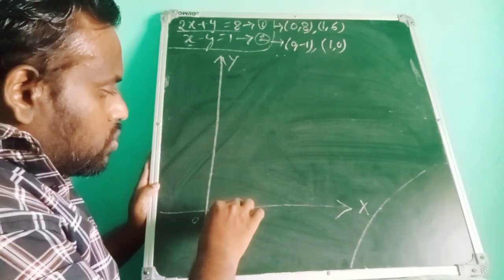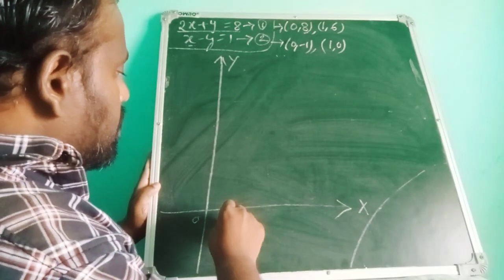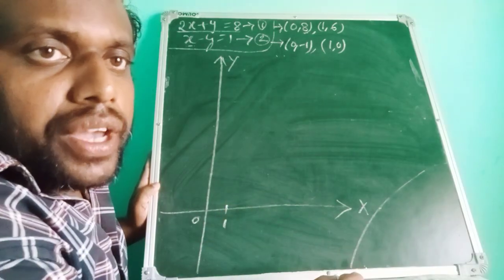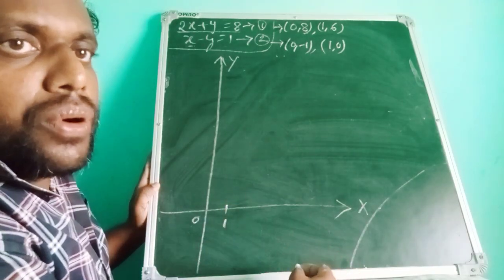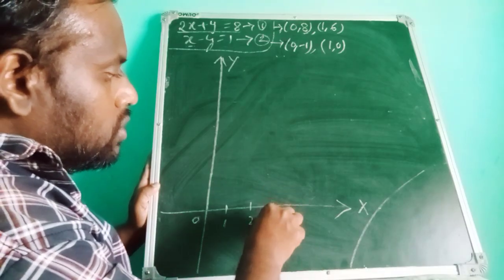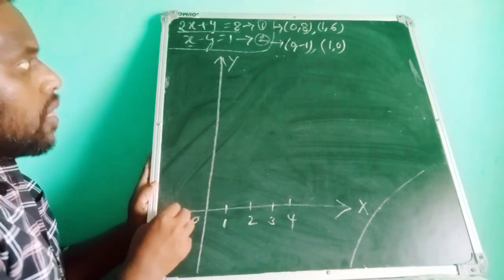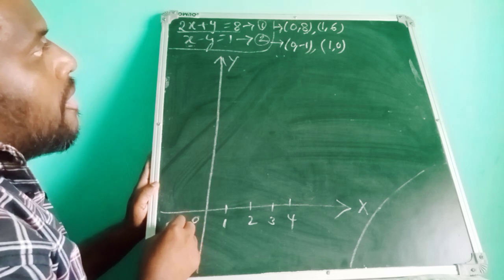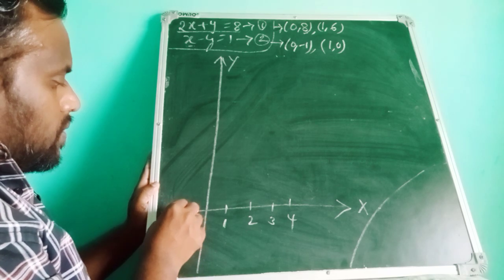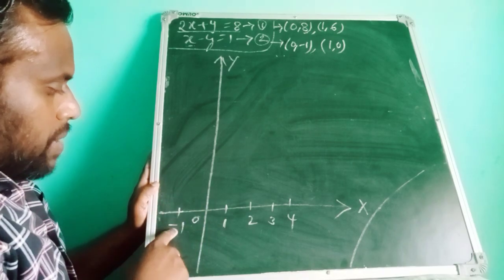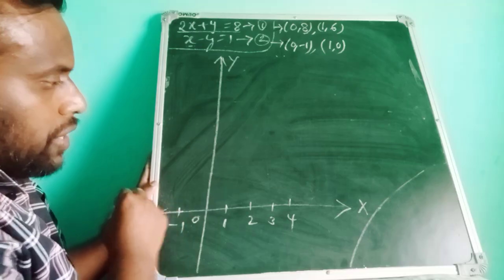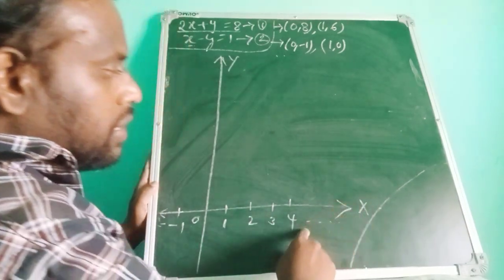On the x-axis, numbers you should write like 1 2 3 4. And this side -1 -2 like that till minus infinity. So numbers will continue, this also will continue till infinity.